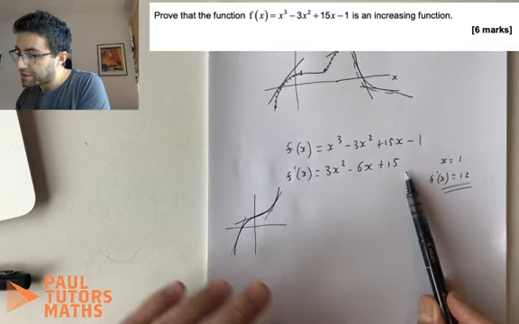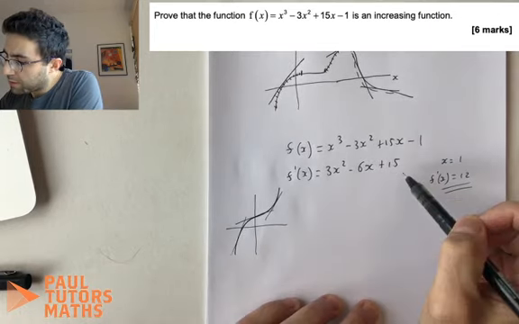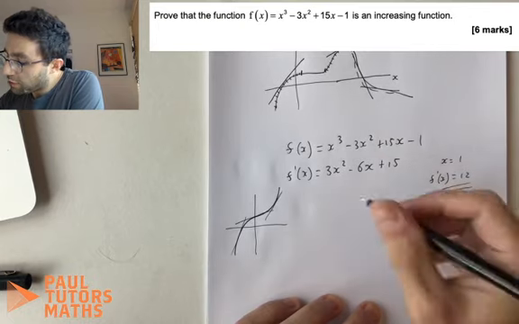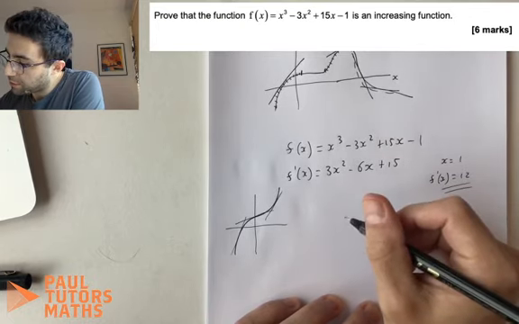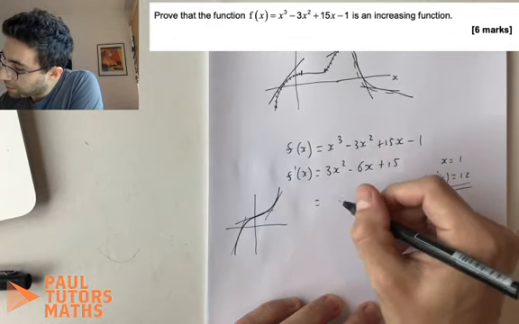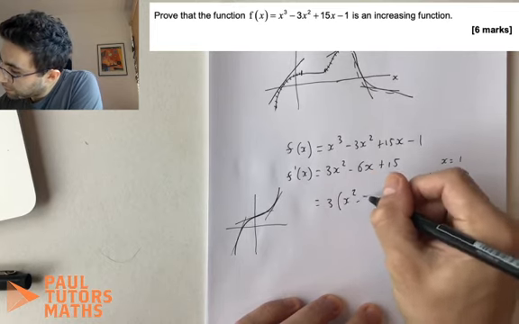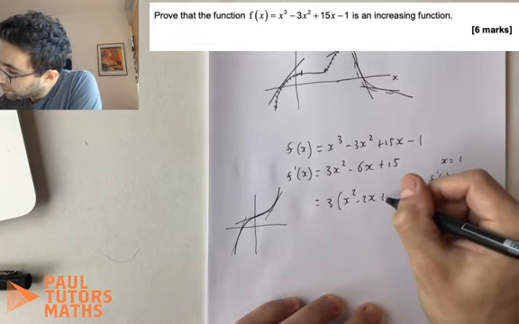There's a couple of different ways to do it. What I'd like is completing the square. How would you do it? You'd pull out a factor of 3, and then you'd have x squared minus 2x plus 5.